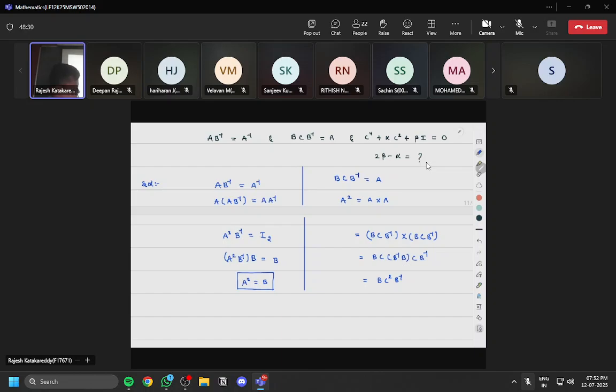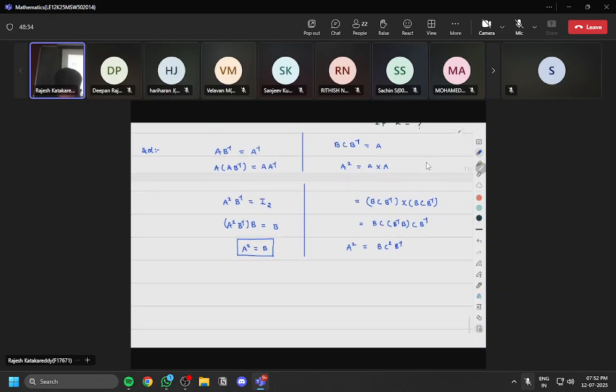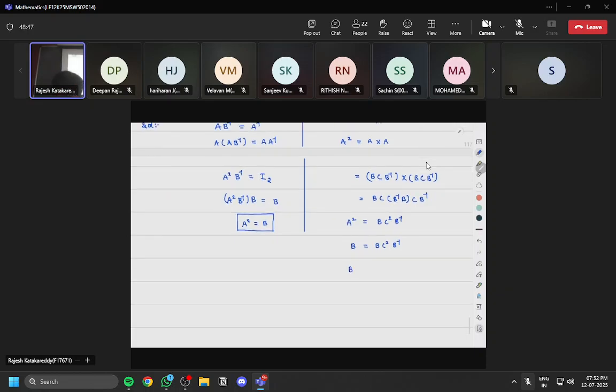Any doubt in this? This is A square. Now I can say it must be equal to B. B is equal to B into C square into B inverse. Right side multiply with B. B into B is equal to B C square B inverse into B. We have identity.